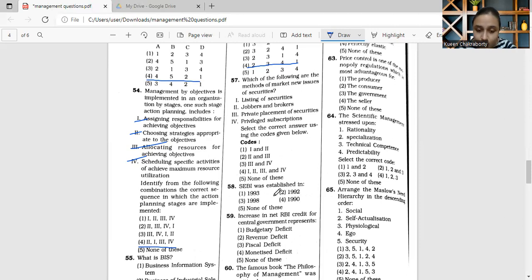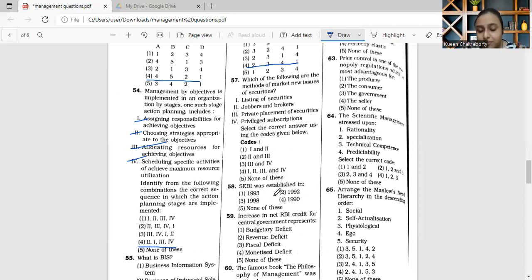Among the given options, methods of market new issues of securities that we see in the market, maybe private placement, that is the sale of securities to a relatively small number of select investors for raising the capital. Investors involved in private placements are usually large banks, mutual funds, insurance companies, pension fund holders, where they can raise a lot of funds.